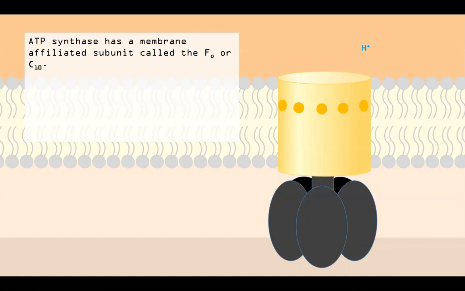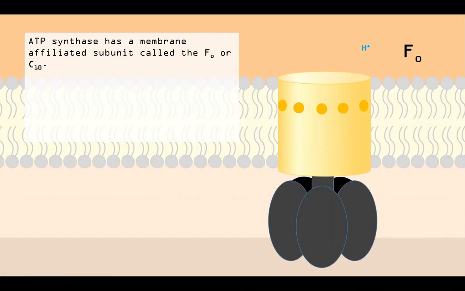C10, if it's got 10 parts, different organisms can have this arranged a little bit differently. So I'll also refer to this as C-ring. So here's our F0 component. You can see that it's embedded in the inner membrane. Down here, still the matrix. Up here, the intermembrane space, and you can see some business about to go down with this proton.